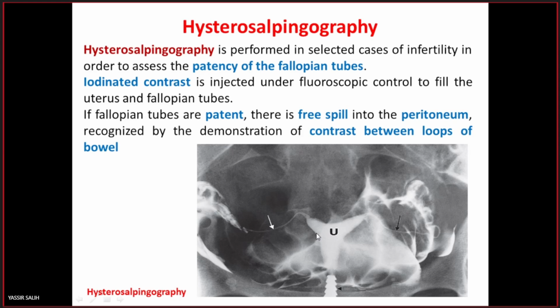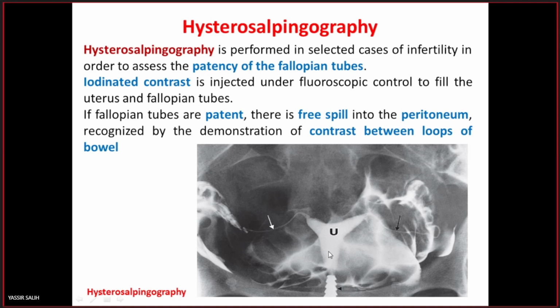This technique is done by injection of contrast, iodinated or water-soluble contrast media, by a catheter or a cannula. This is a cannula or catheter inserted into the external uterine os, and then we inject a contrast.